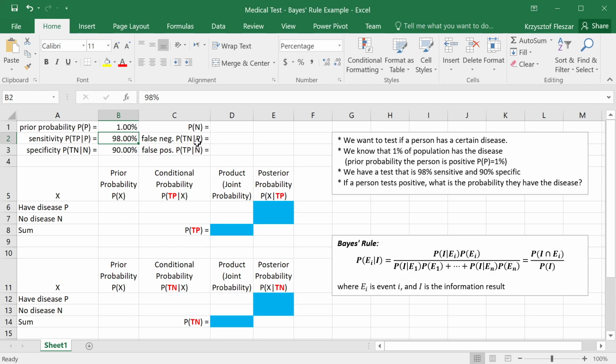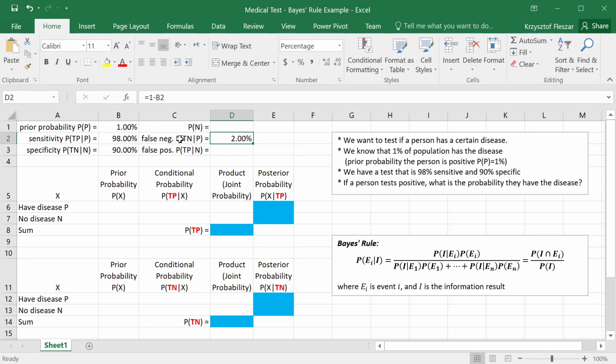I hope you realize that. This is one group of people that we're testing here, people who definitely have the disease. If 98% of them test positive, it must be that the rest, 1 minus this, that's 2% of people, have a negative test result even though they actually have the disease, which we know from other factors.